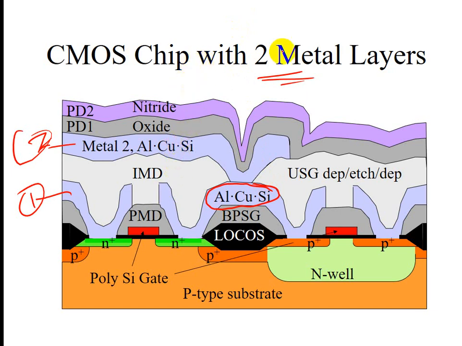In the future we're going to tell you why not aluminum only, but aluminum with a very small amount of copper and silicon combined together to form the metal wire.